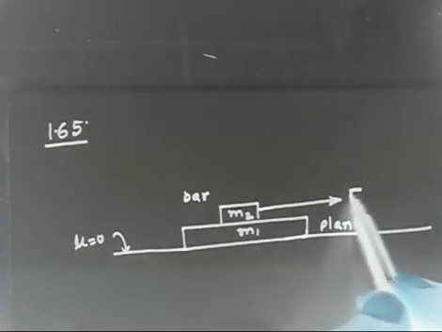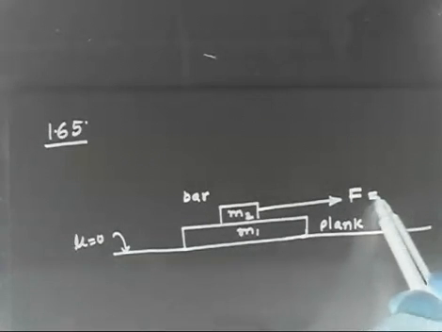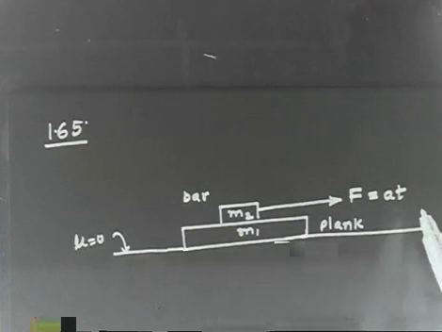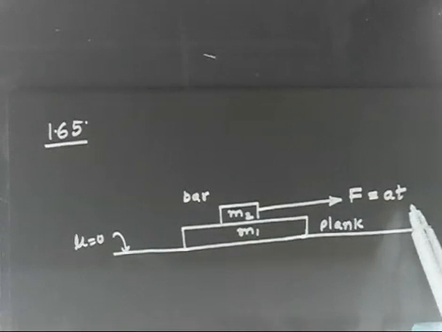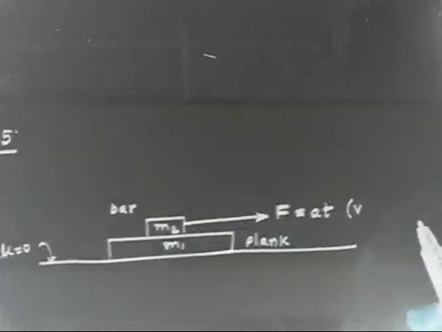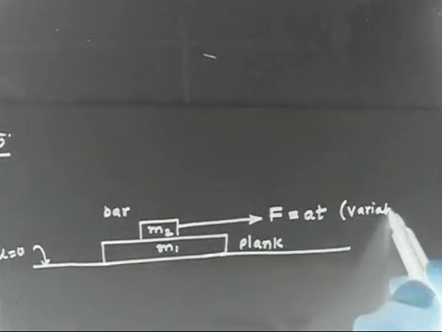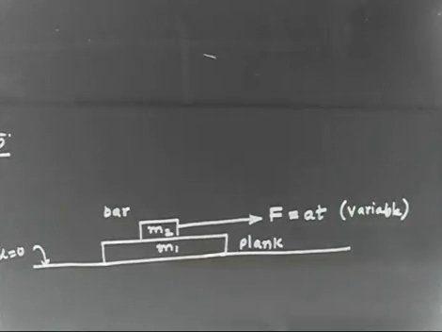The force is a function of time, at. If time is equal to 0, this force is 0. If time increases, the force linearly increases. You see, force is at. So force is variable. This depends upon time. So this force is basically a variable force.